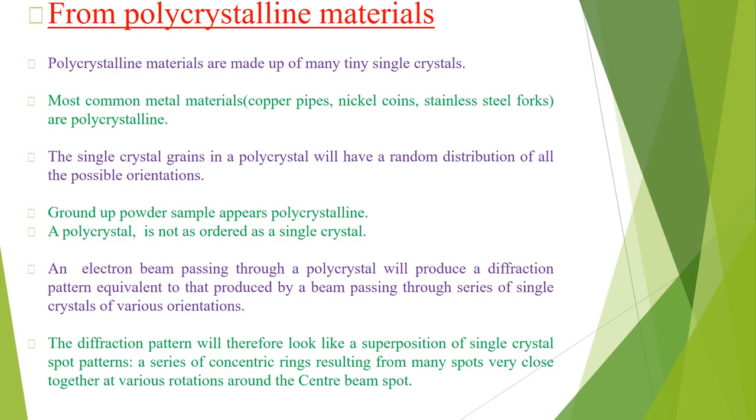An electron beam passing through a polycrystal will produce a diffraction pattern equivalent to that produced by the beam passing through a series of single crystals of various orientations. The diffraction pattern will therefore look like a superposition of single crystal spot patterns and a series of concentric rings resulting from many spots very close to each other at various rotations around the center beam spot.